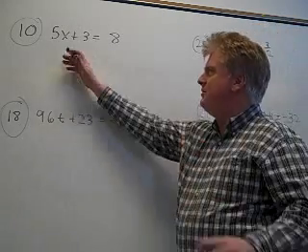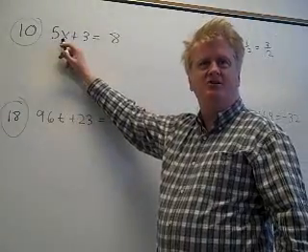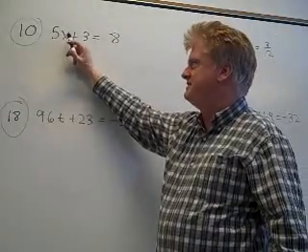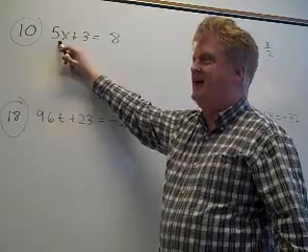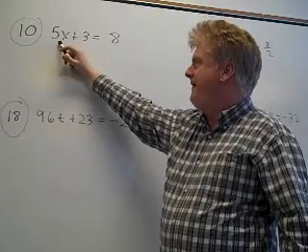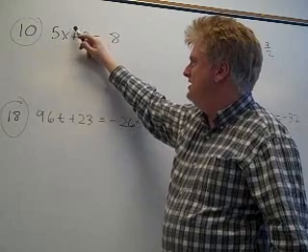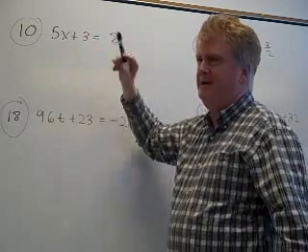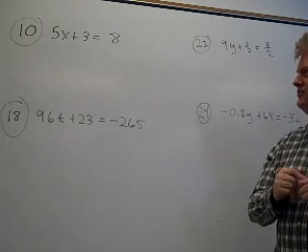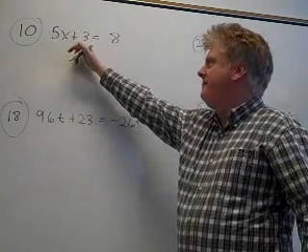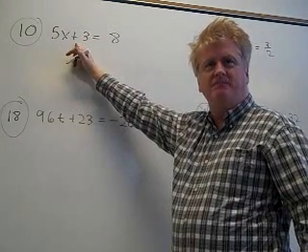And so the variables are already on one side, notice. The variable in this case is x, and it's on the left-hand side. So part of what's joined to it is this 3. And how 3 is joined to this is addition.